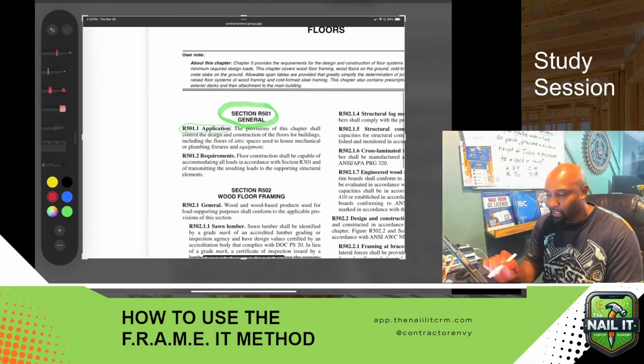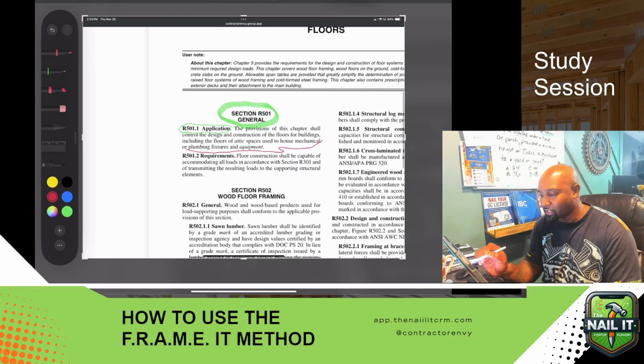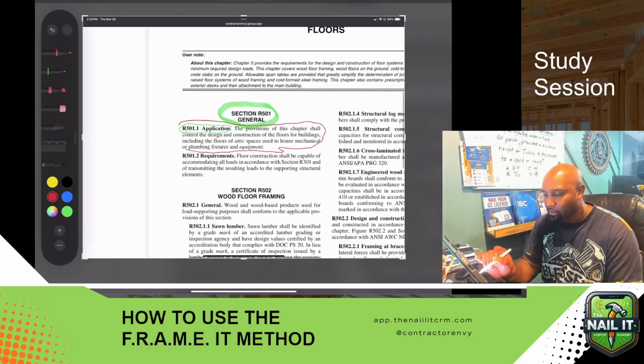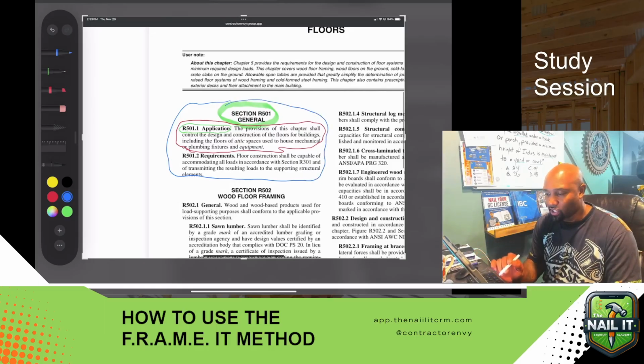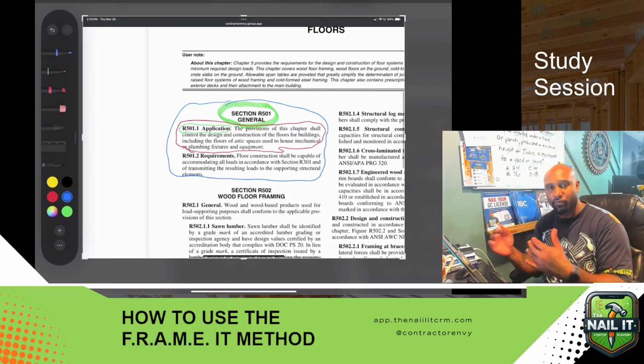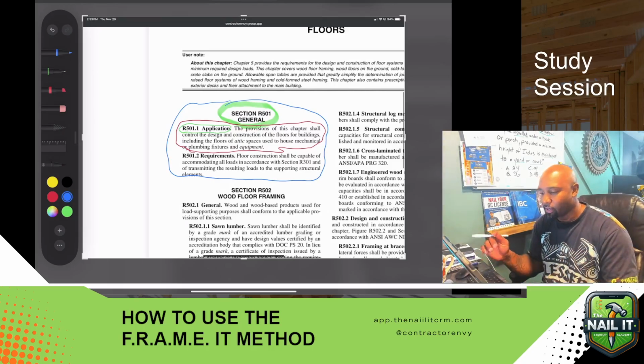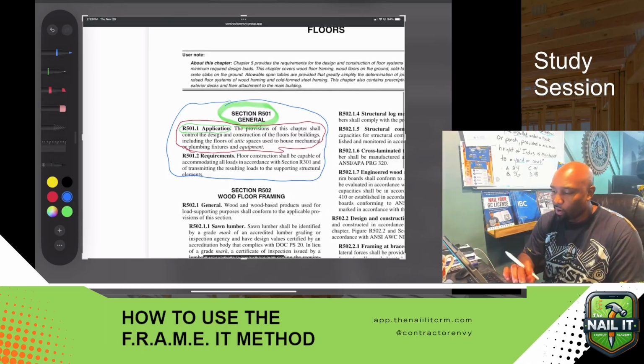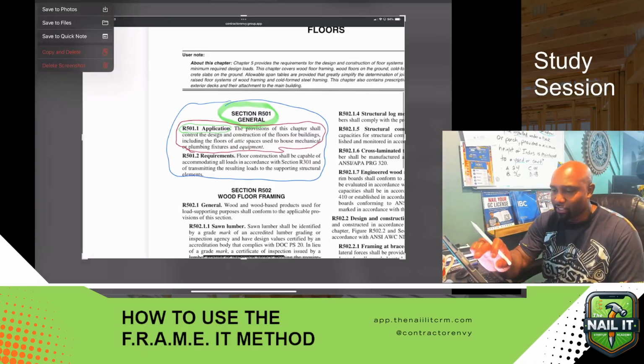Because ultimately, these are our sections. This right here is going to be the whole section. And then the red, like I showed you, is going to be just an independent section of the whole section. So a subsection, right?